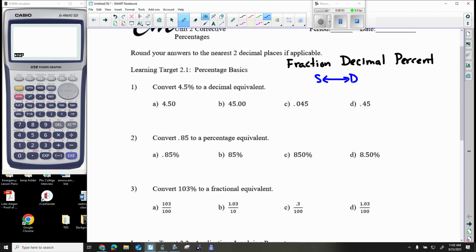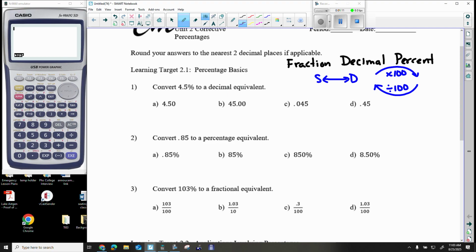To turn a decimal into a percentage, you multiply by 100, but you divide by 100 to turn a percent back into a decimal. If you do those things, you should be fine.